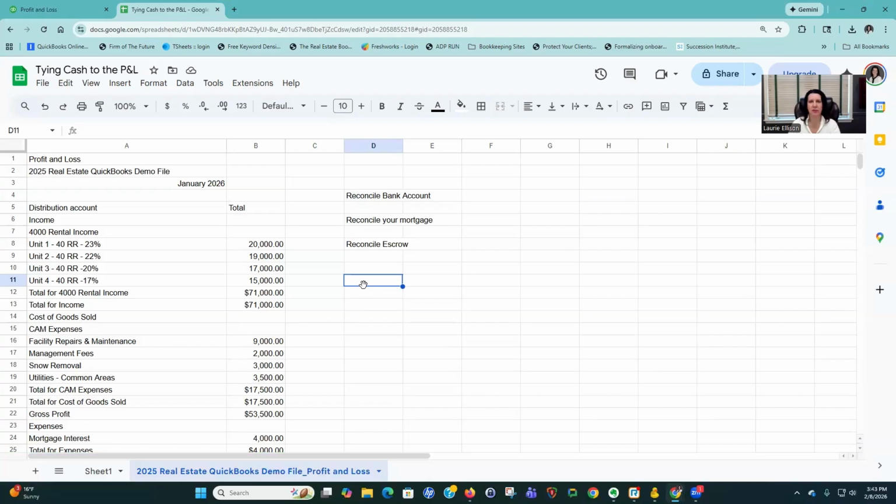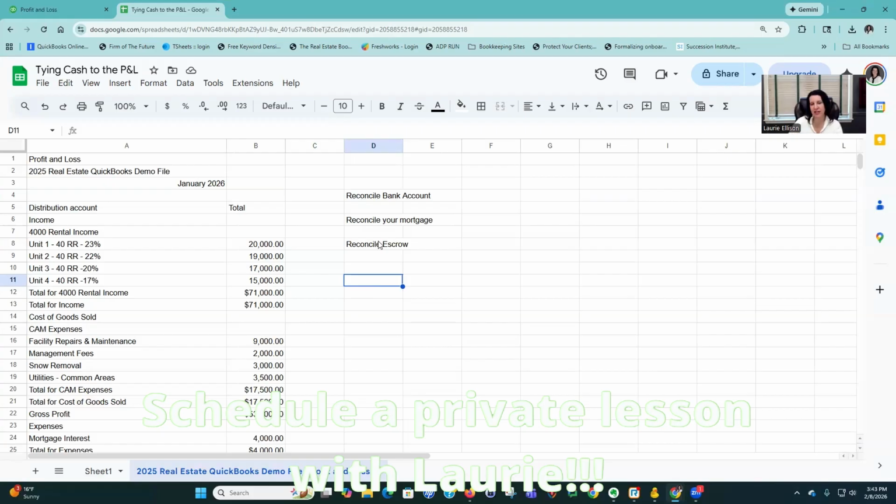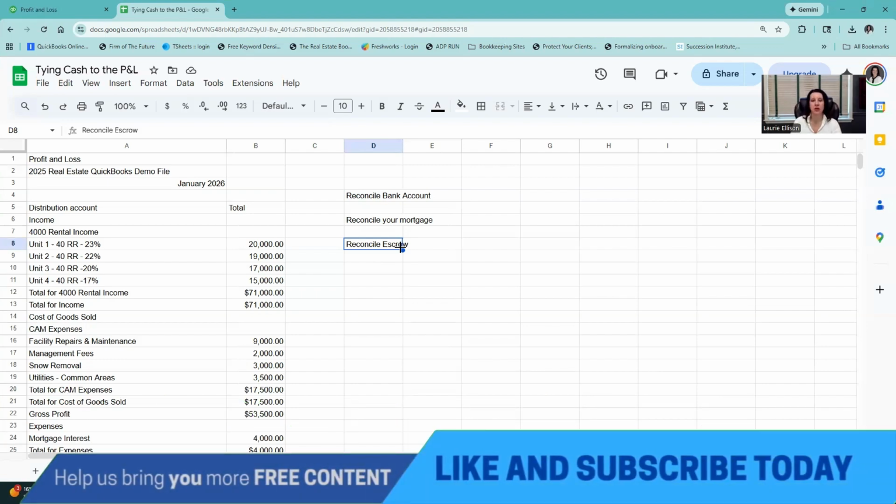Sometimes you have to request it from the bank every month, but you should, because if you're not reconciling the escrow account, you don't know if they're paying the taxes, did they pay them, all of that. And then your profit and loss is not correct if you haven't correctly broken out that escrow account. And it doesn't go to an account called escrow as an expense. It's a true bank account.